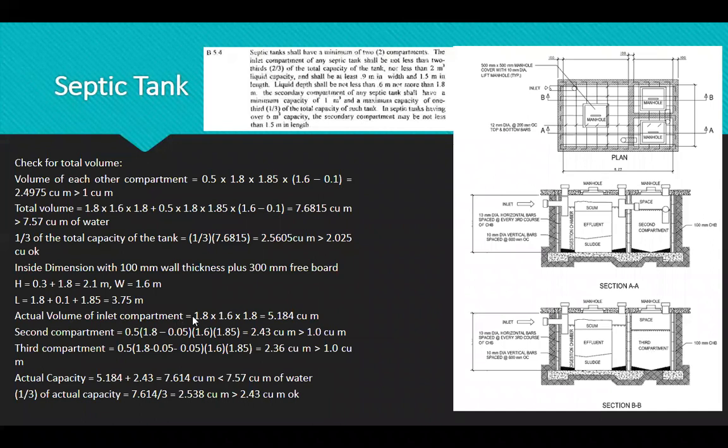Actual volume of inlet compartment is 1.8 times 1.6 times 1.8 is 5.18 cubic meter. Second compartment, 0.5 times 1.8 minus 0.05 times 1.6 times 1.85 is 2.43 cubic meters greater than 1.0.